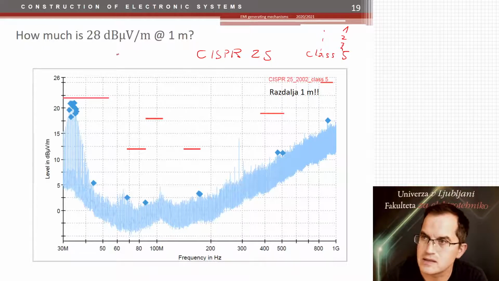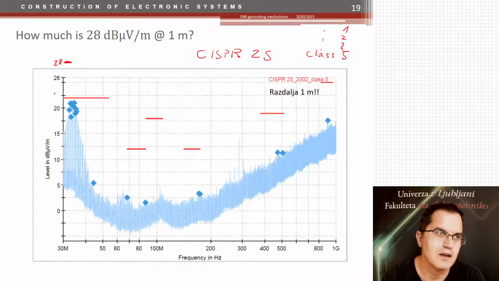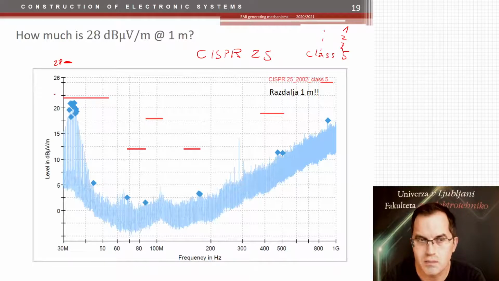And the limits for emission noise are, where is 28 dB? Here is the 28 dB microvolts per meter. So our electronics made like that would already not be passing, violating the EMC standards.